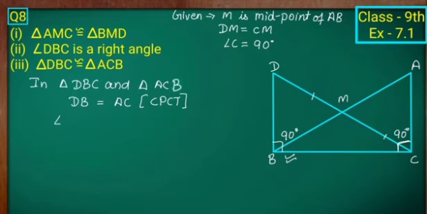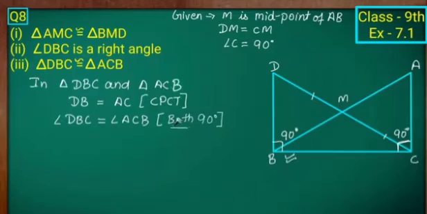The next, the angle part. You know that very well, angle B and angle C are equal. So angle DBC equal to angle ACB, both 90 degrees. So one side over, one angle over.